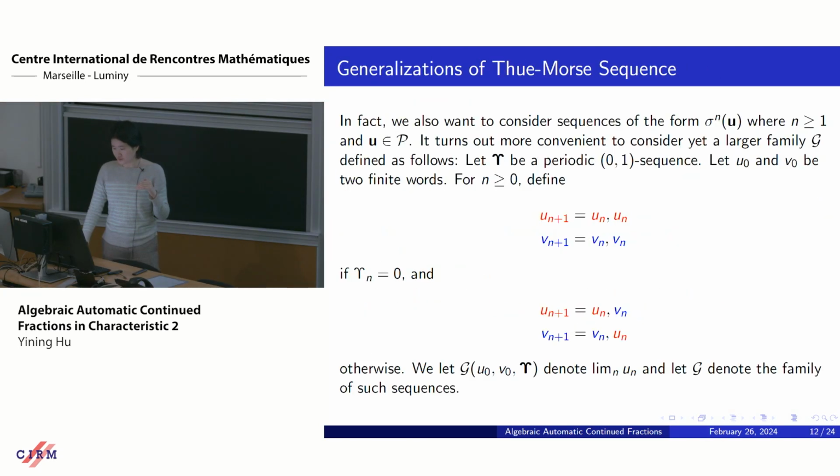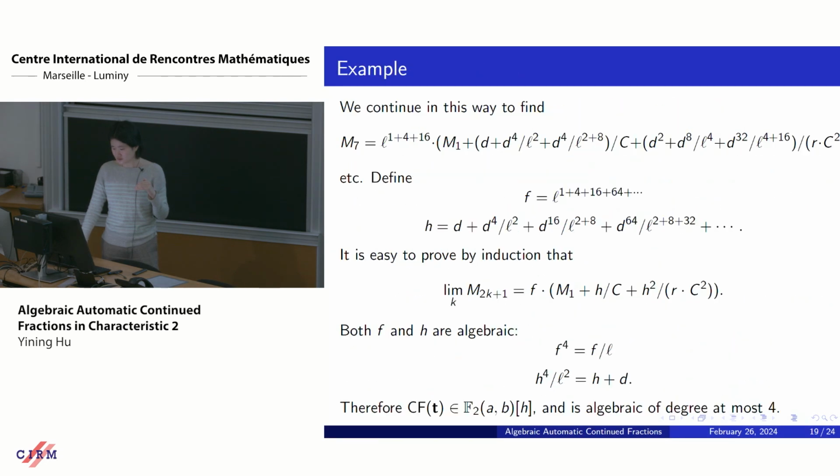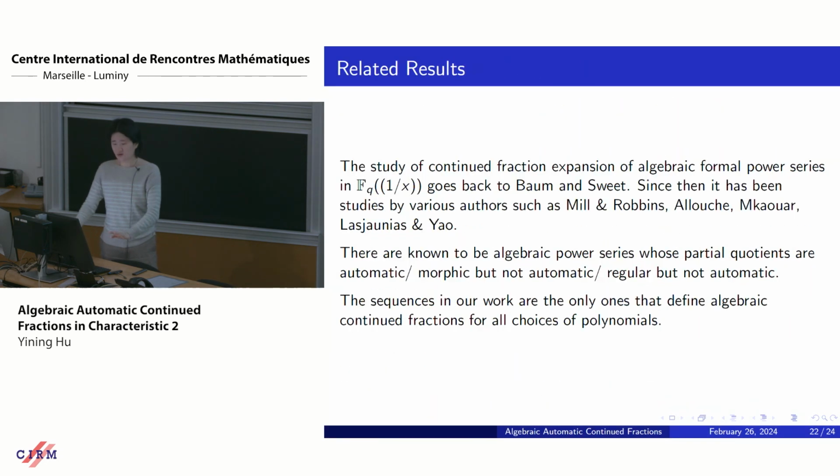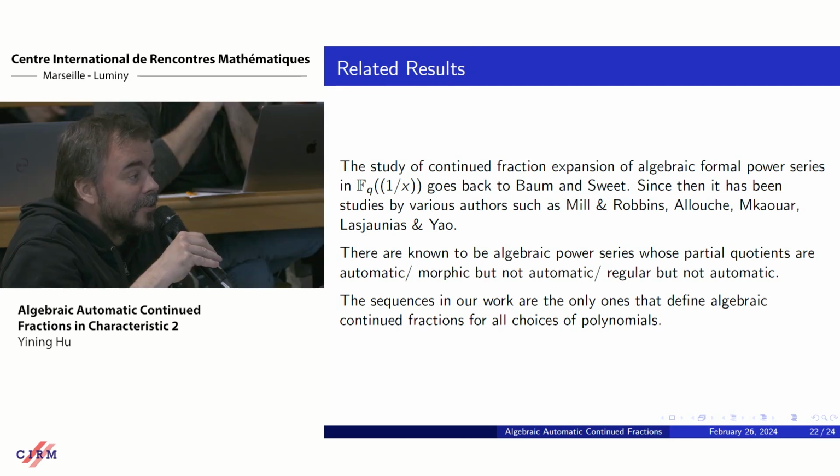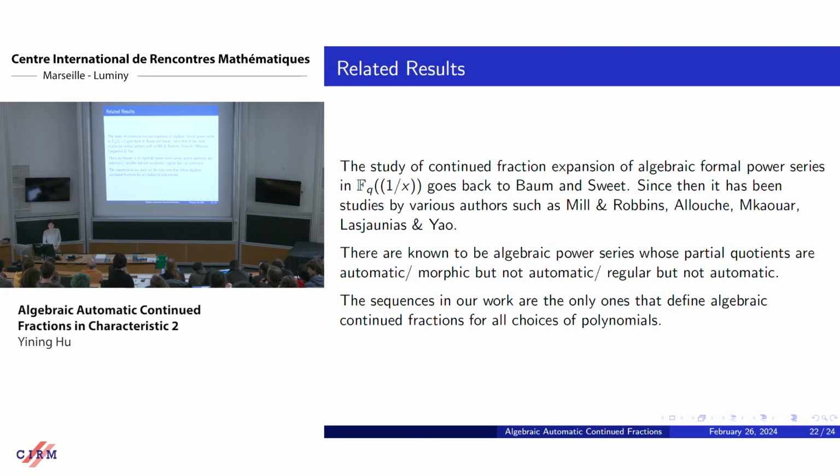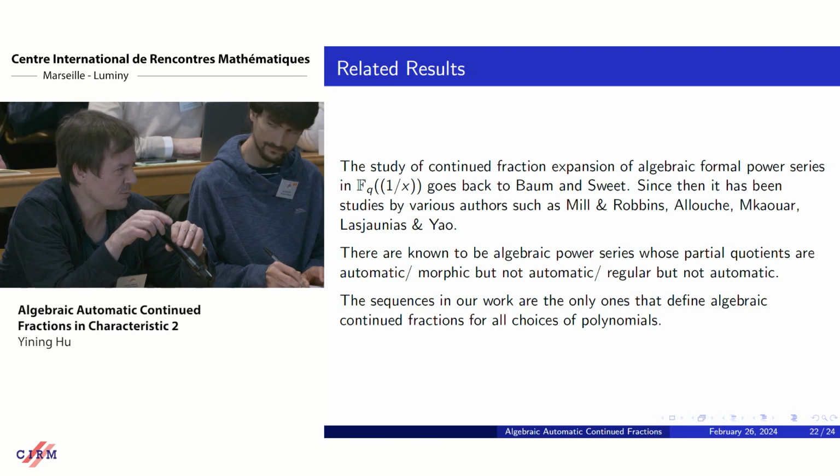But for the examples in the literature, there are also automatic partial quotients for algebraic series in odd characteristics. And any odd characteristic? I think so. Yeah. Thanks. Follow-up question: characteristic 2 means that it need not be F2, it can be any field of characteristic 2? Yes.